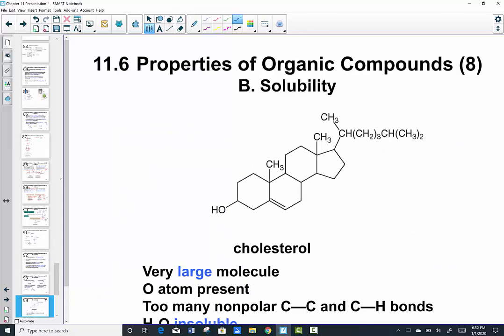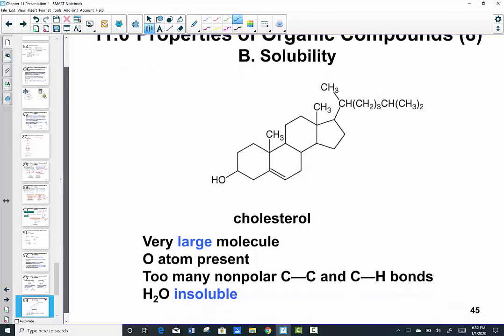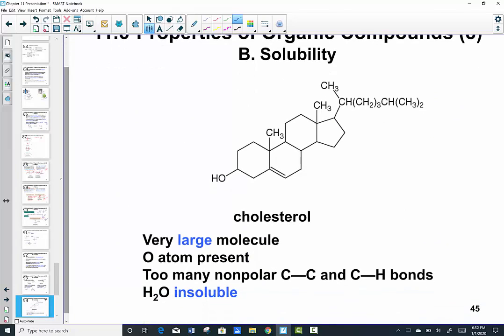Here we have a molecule called cholesterol, and it's a very large molecule, isn't it? The large size of cholesterol makes it so heavy that it is actually insoluble in water. Now notice that I find some polar regions.